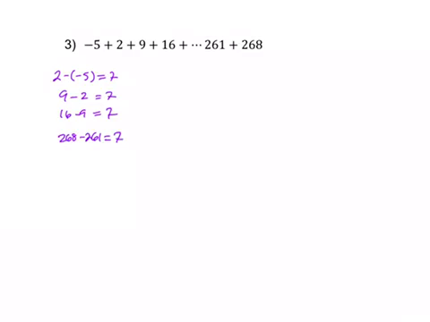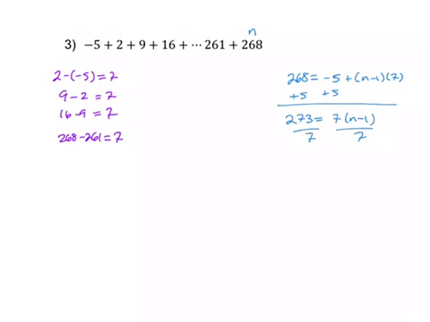So again, I'm going to start by finding the position of the 268. So 268 equals the first term -5 plus n minus 1 times 7. So I'm going to add 5 on both sides. So this is 273 equals 7 times n minus 1.